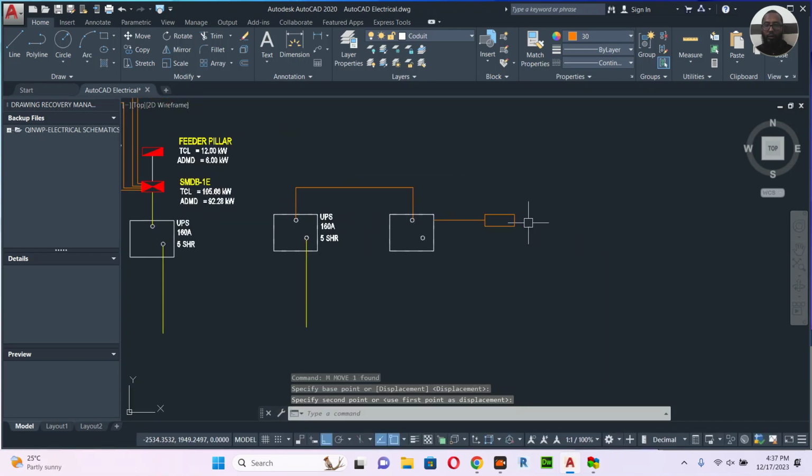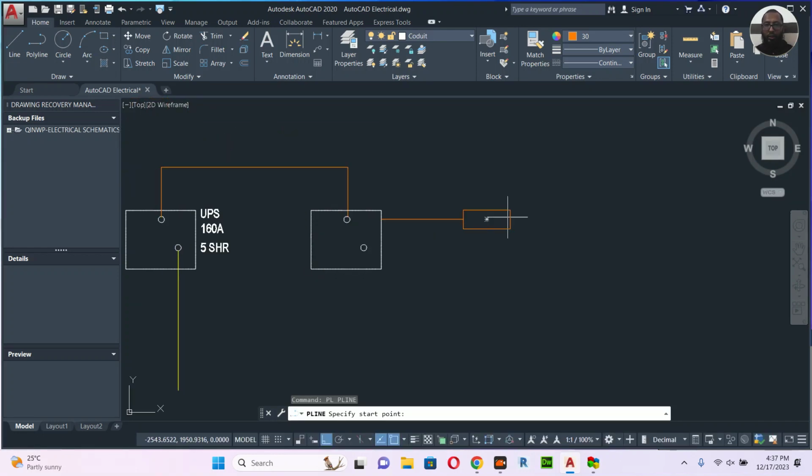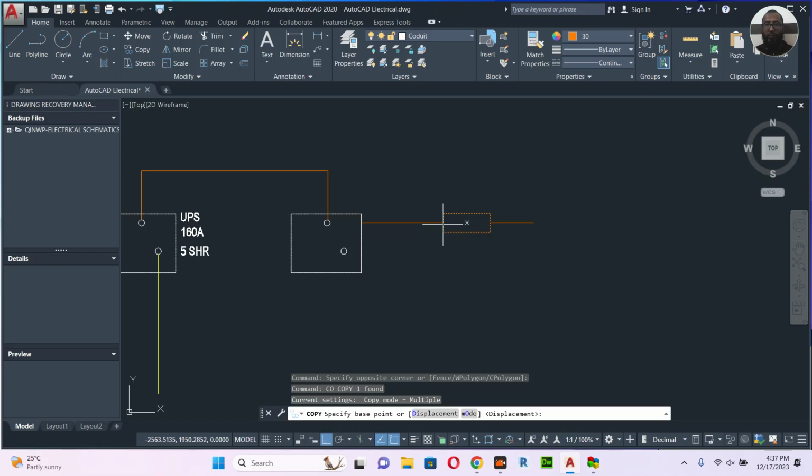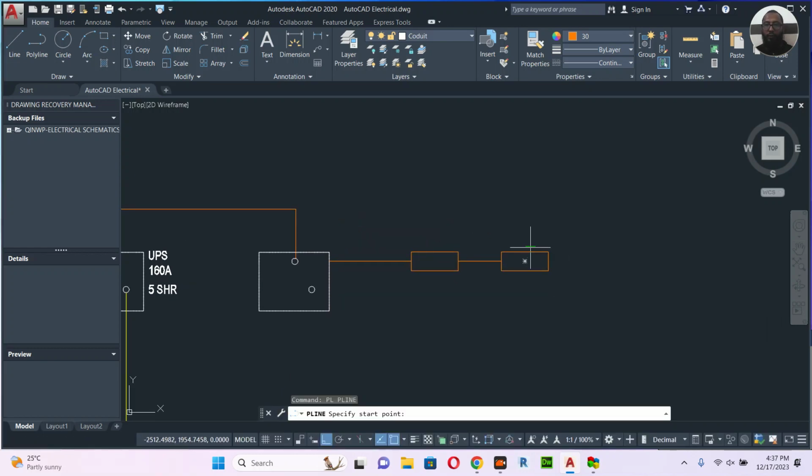A specialized panel. From the panel it will go to the drive. They have one specialized drive. From the drive it will go to the light.